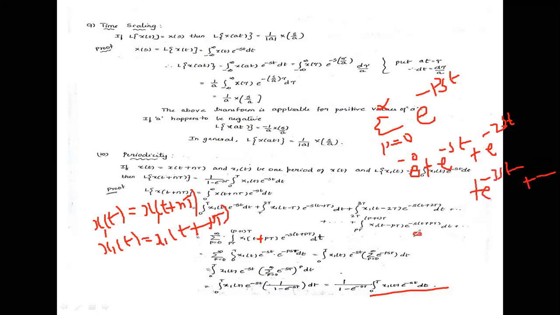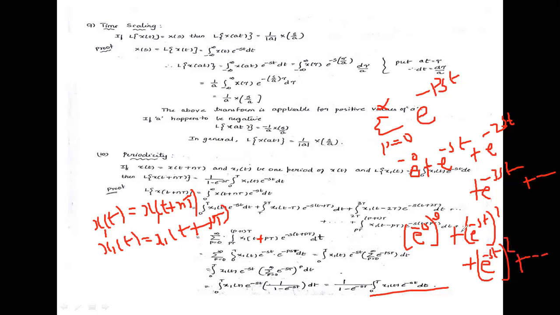It is nothing but e power minus 0, e power minus st, and another one is e power minus st whole square, and so on.